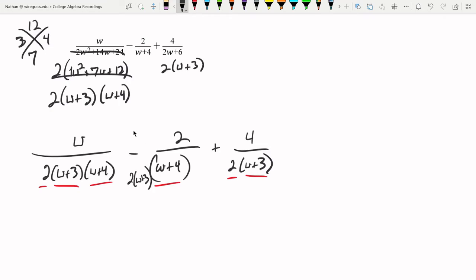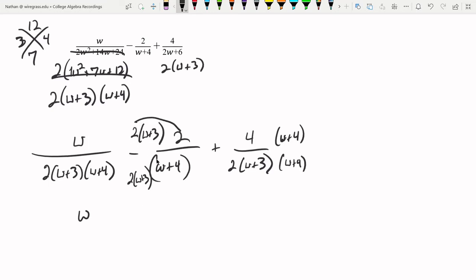So we're going to multiply top and bottom by that expression. And this final one does not have a w plus 4, so it needs a w plus 4. Multiply top and bottom. And now everything is going to have a common denominator. For the first one, it's going to be the exact same thing. We haven't changed that at all. For this next one, I'm going to multiply these 2's together and give it a negative.